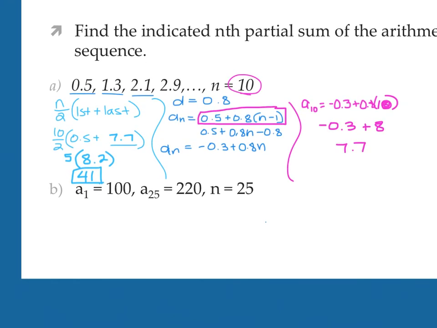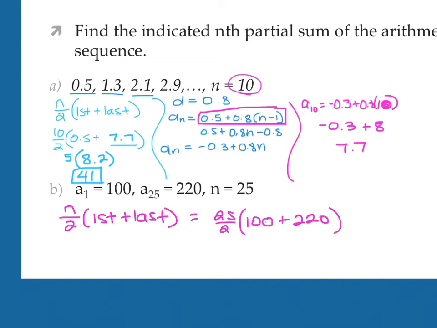Okay, then look at B. Again, same equation. I want the partial sum, so n over 2 first plus last. Do I know what n is this time? What is it? 25. What's the first? 100. And the last? 220.